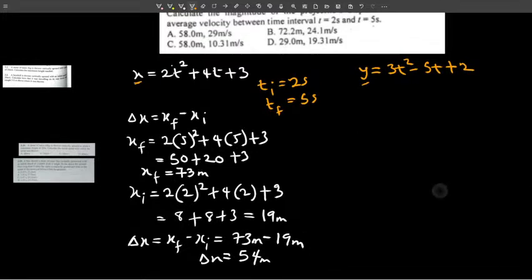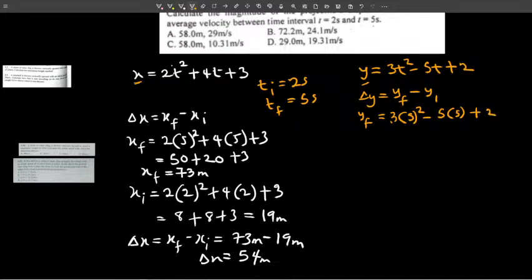In the y direction, change in y is equal to yf minus yi. So let's find our yf. Our yf is when time is 5 seconds. So that will be 3 into bracket 5 all square minus 5 into bracket 5 plus 2. 5 raised to power 2 is 25 times 3. That will be 75 minus 25 plus 2. That should give me 52 meter.